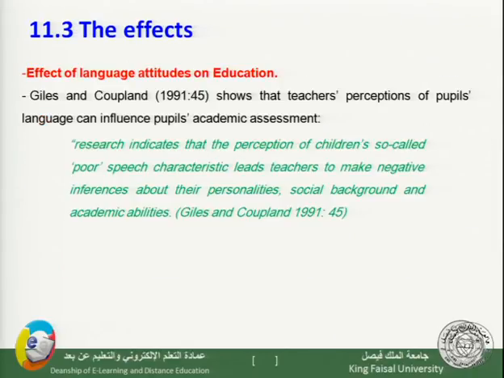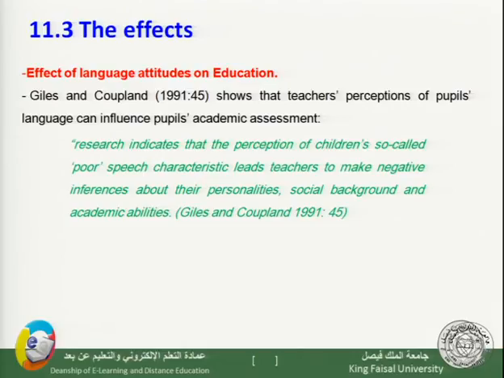Effects of language attitudes on education. Gillies and Copeland in 1991, page 45, show that teachers' perception of pupils' language can influence pupils' academic assessment. So in school, on an educational level, the teacher can judge his pupils according to their accent, according to the place or the city they come from.